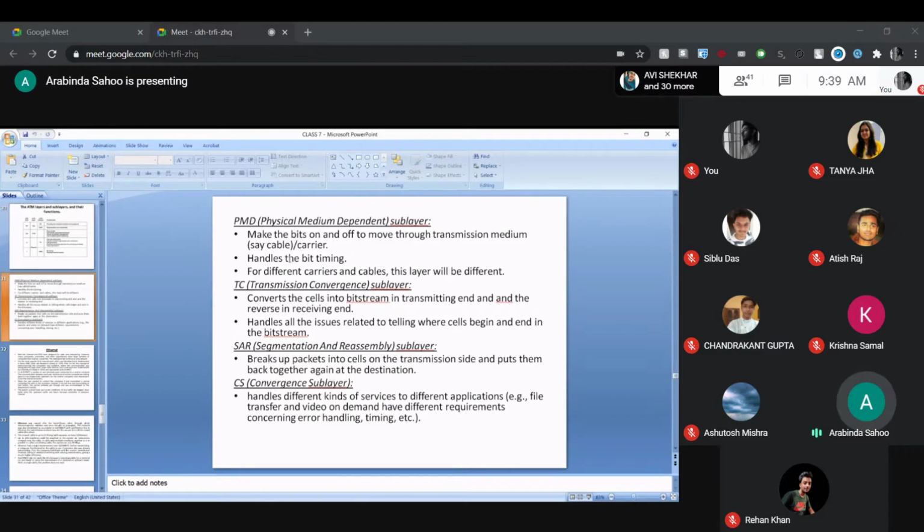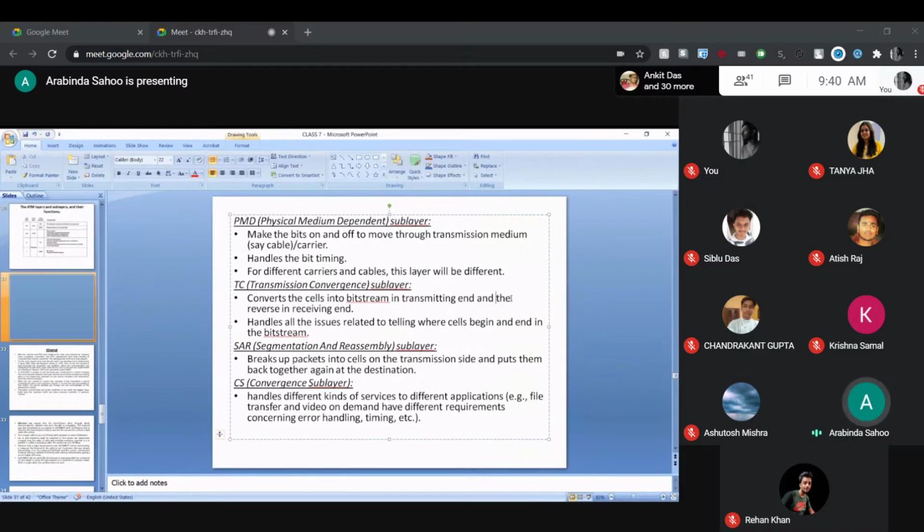Then number two is the TC, the transmission convergence sublayer. TC stands for transmission convergence sublayer. TC converts the cells into a bit stream at the transmitting end, and the reverse at the receiving end.